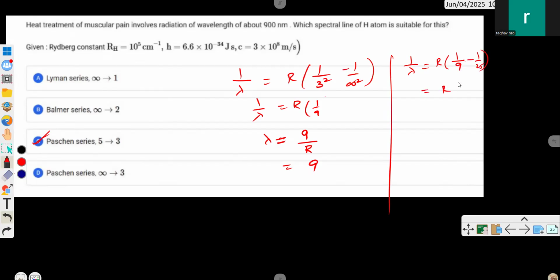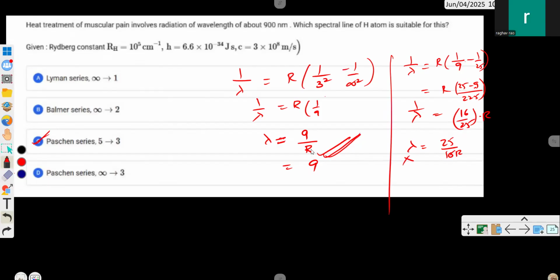So that would be R into 25 minus 9 upon 225, so 16 by 225 into R. Lambda equals 225 by 16R. This is not going to give us 900 nanometers.